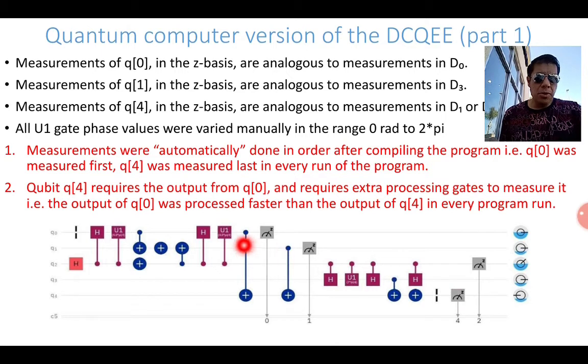How do I know that? Because the information from this one has to go down and get into this one right here, and on top of that, it needs the information from all the other qubits in order to be processed. This one requires less processing time, and that is going to be important in order to come up with conclusions about time.